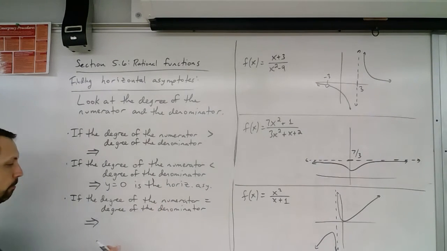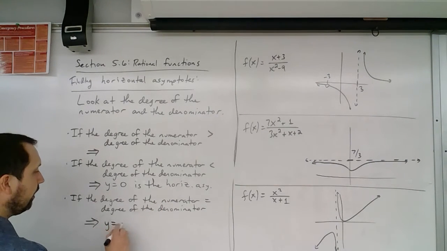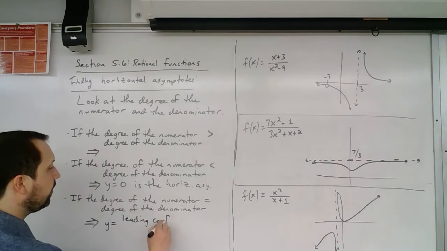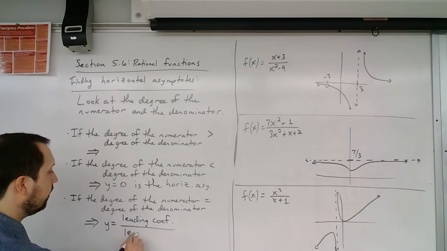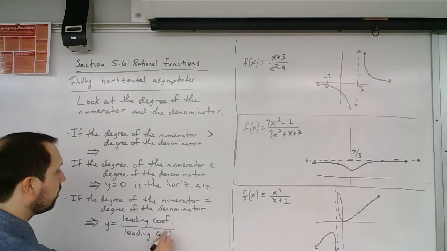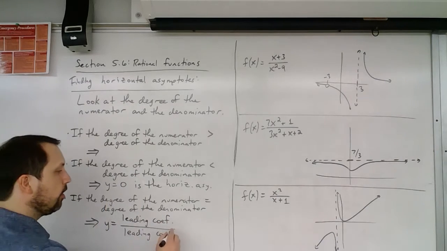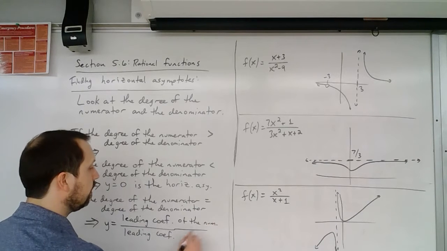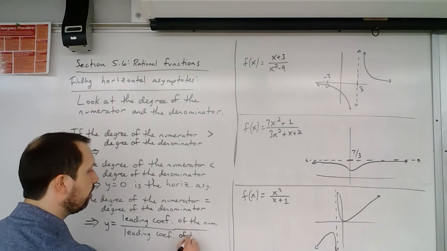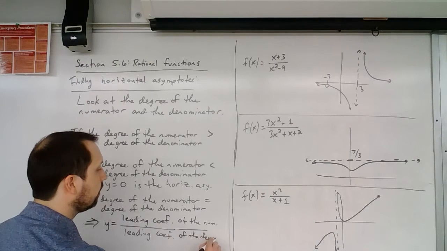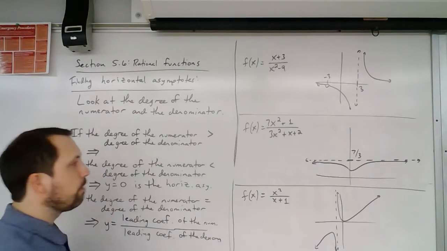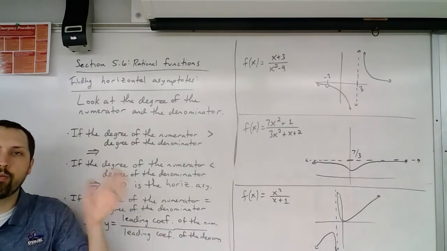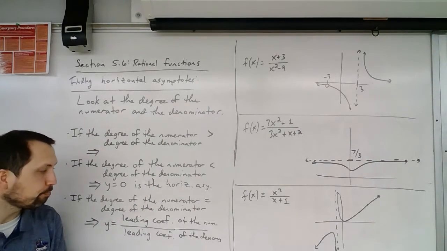So when these are the same, we're going to have y is equal to the leading coefficient divided by the leading coefficient. And if we'd like to be more particular, we can say the leading coefficient of the numerator divided by the leading coefficient of the denominator. So you simply pick out those numbers, the leading coefficients, and that is exactly what forms our horizontal asymptote.